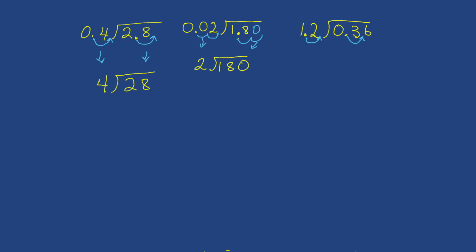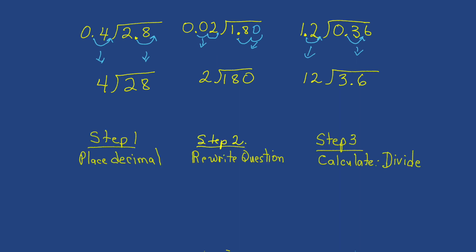All right, let's just finish that off. So we have here, this becomes 12, and this becomes, you've got it, 3.6. So where are we with this? Yes, you have placed the decimal.